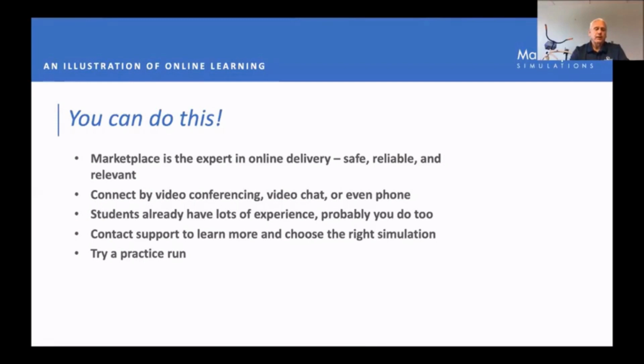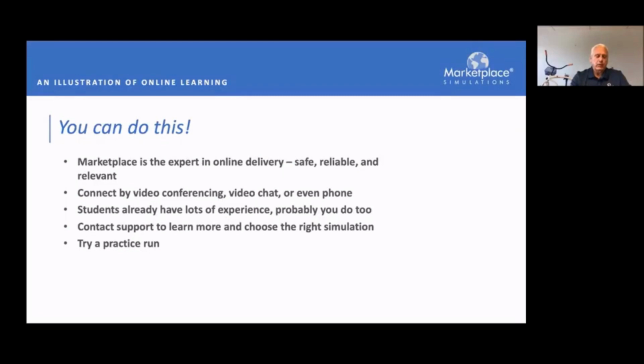We do have a lot of ways to connect using video conferencing, video chat. My son was using Facebook and talking to all his buddies at the same time. And you can be working on your decisions and video chatting, so you don't have to necessarily share. And we've even had people who have done the same thing by phone.